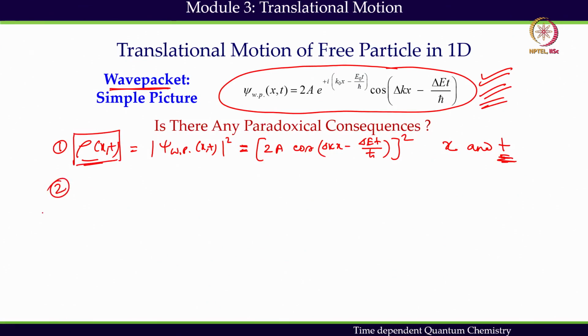Second part, we had a contradiction in the plane wave solution. In the plane wave solution, we couldn't understand why a particle should have two different velocities. Two different derivations, two different ways of getting the solution, gave us two different solutions.